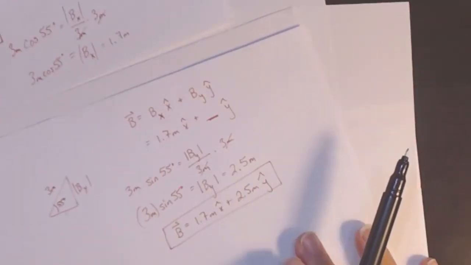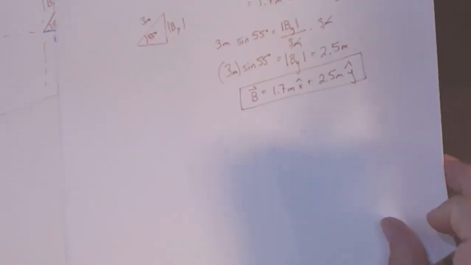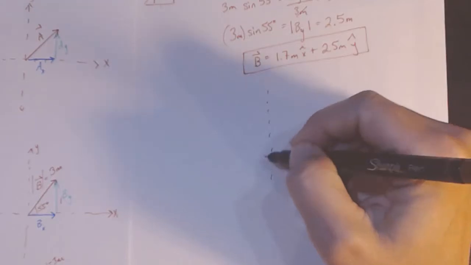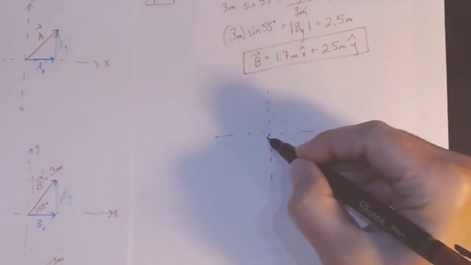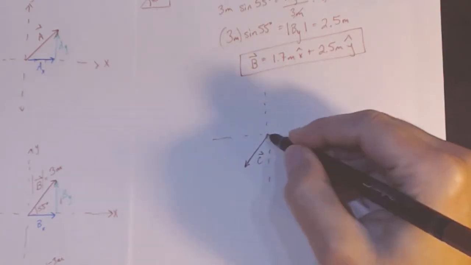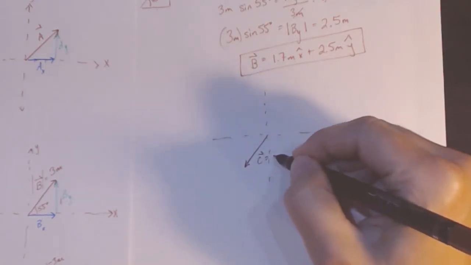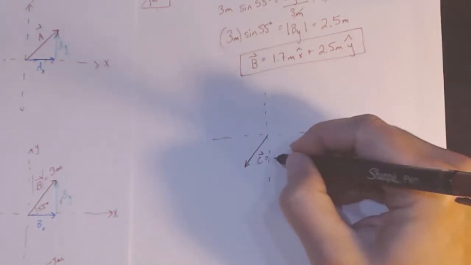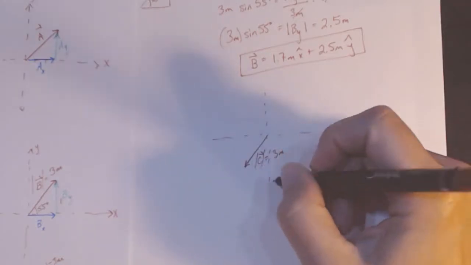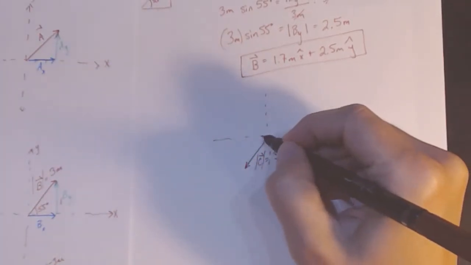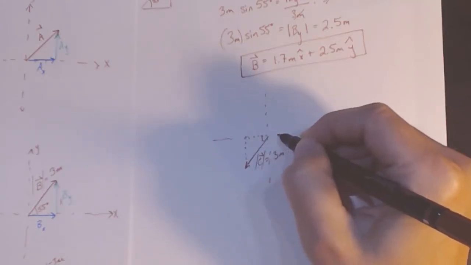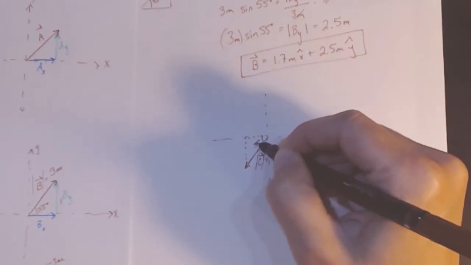Now, if I had a vector in polar that was not in that first quadrant, but instead, say, right over here, in that quadrant, call this vector C, and let's say it's 3 meters in length, just like B, and let's say the angle is 55 degrees here.